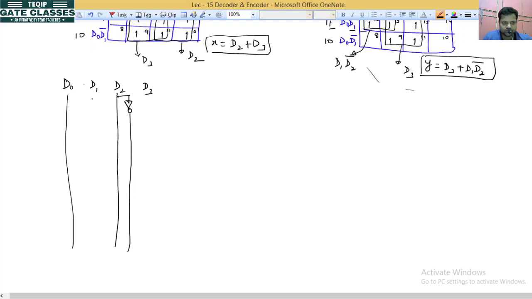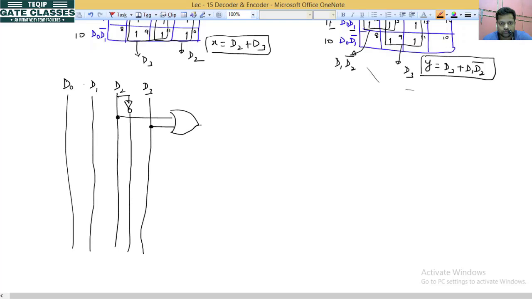In all other cases we have only the normal inputs, so no need to apply a NOT gate on the remaining 3. So x is D2 plus D3.